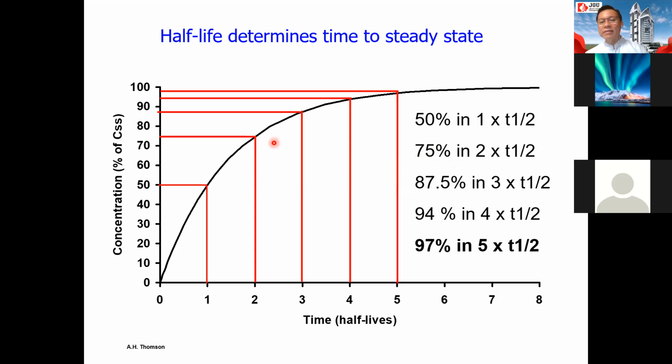Just like the previous slides, until you achieve 5 times half-life, which is 97% of steady state. So now you achieve almost 100% of steady state after 5 times half-life. So normally we use 5 times half-life to know whether this patient has achieved steady state.